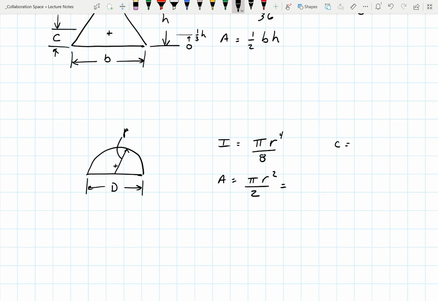And if that was in pi d to the whatever, pi d squared over 2 over 4, and what are we going to get? Two drops to the bottom, 4, 8.